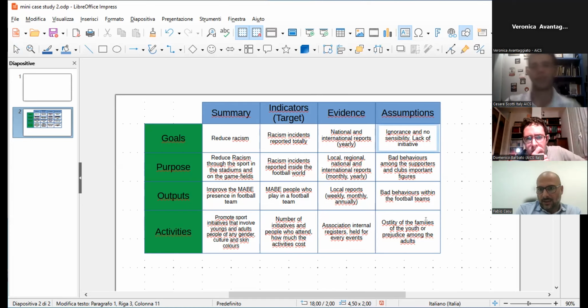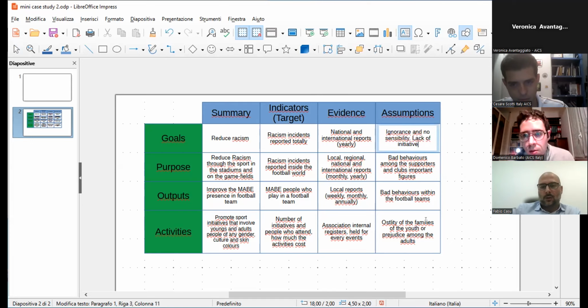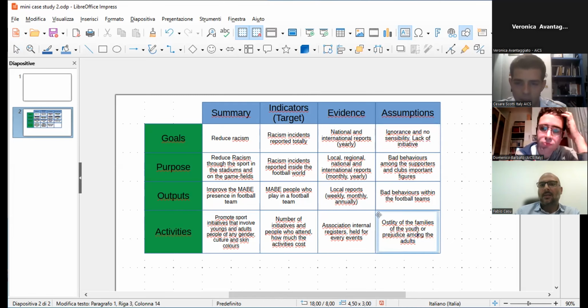The assumption represents what should happen outside our project in order to reach the goals. So through my activities or my purpose, plus the assumptions, I can reach the goal. So I think it's the opposite. It's not bad behaviors, it's good behaviors. So the whole column is the opposite. Okay. Yes.